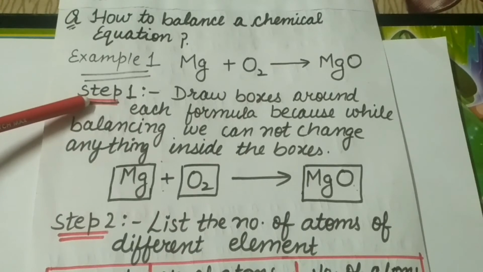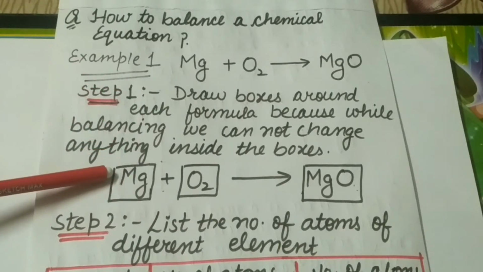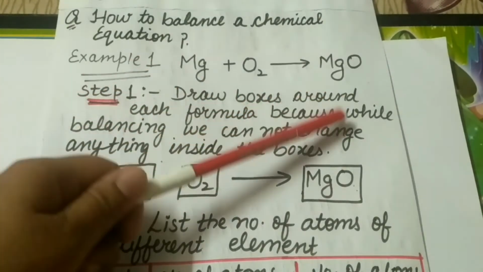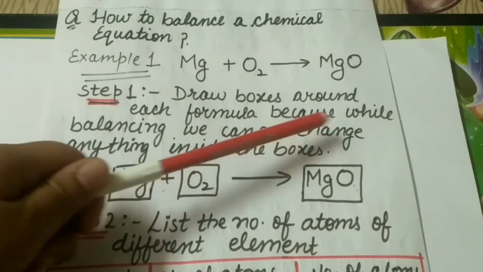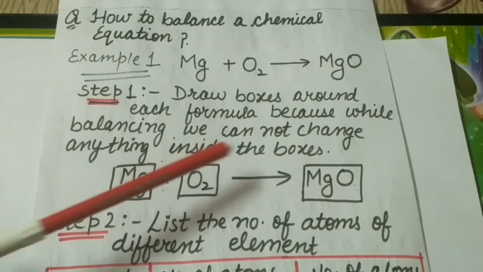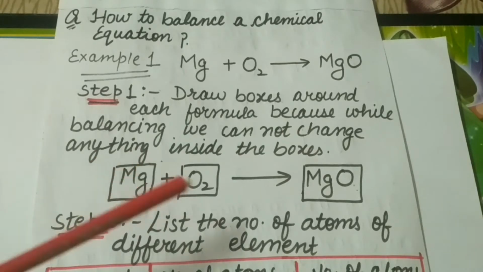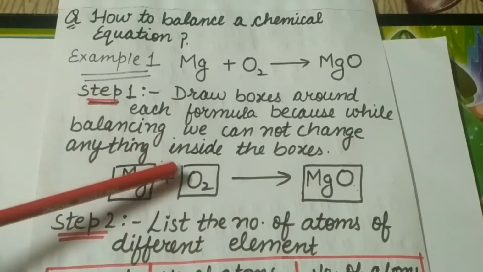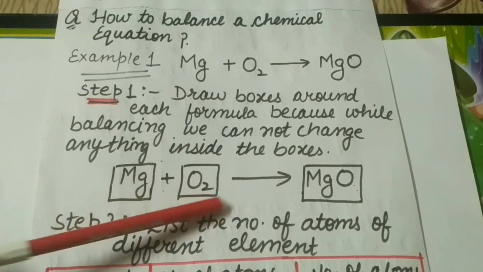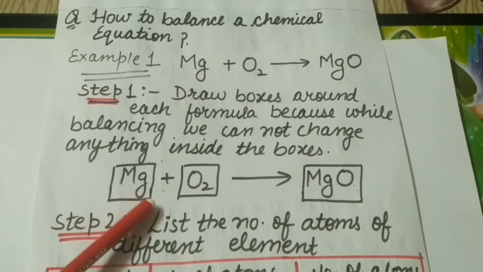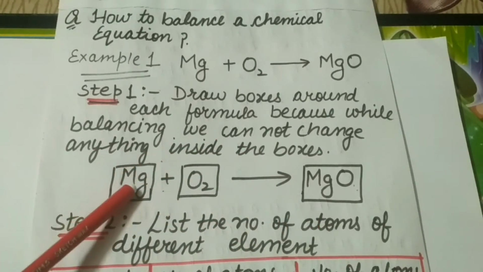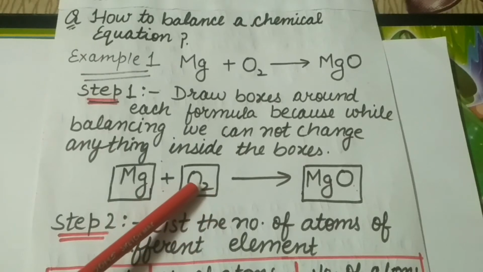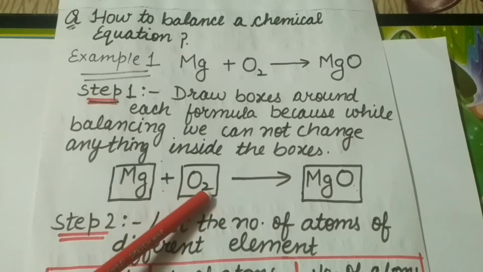The first step is to draw boxes around each formula, because while balancing we cannot change anything inside the boxes. I have drawn the boxes around the elements because we can't change their formulas. We can't write Mg2, or O4, or Mg2O2, or anything else.